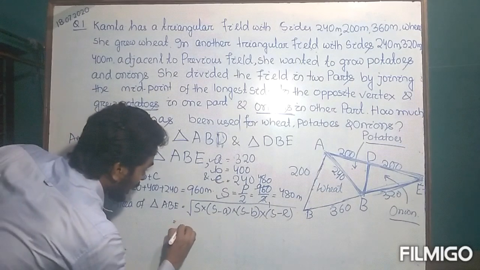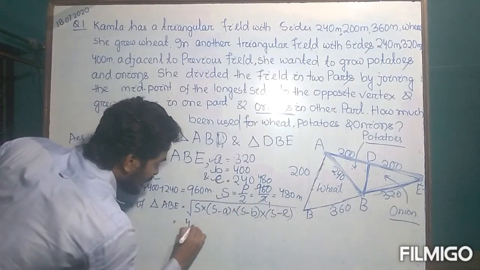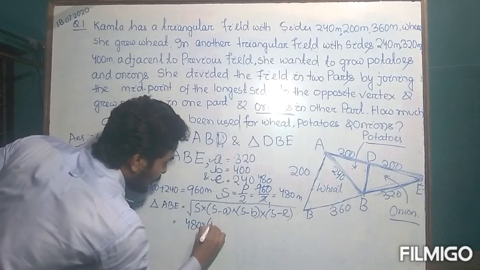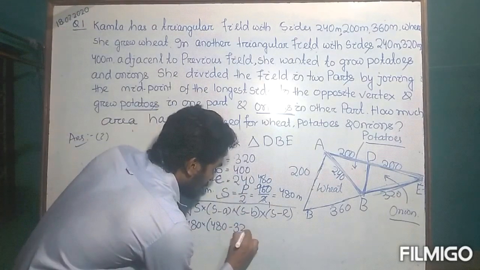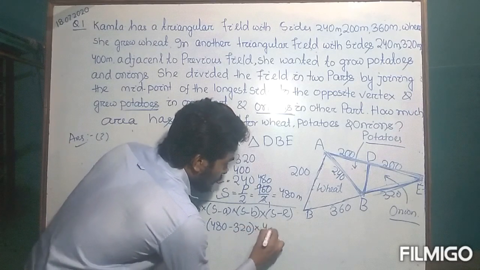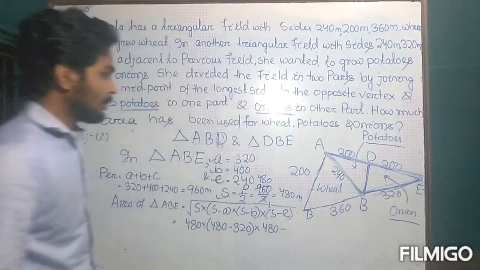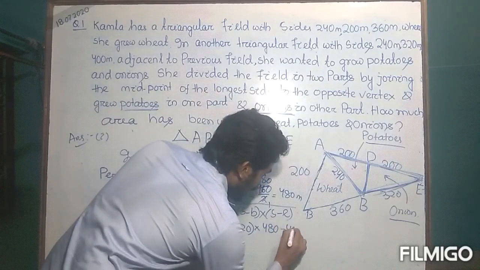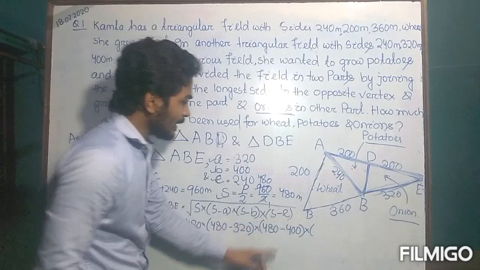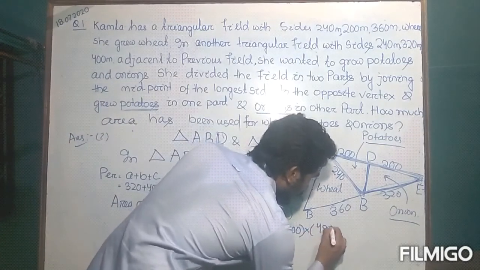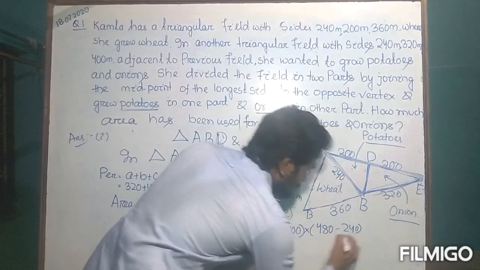Now S means 480 into 480 minus A, 320, into 480 minus B, that is 400, into S minus E, 480 minus 240.